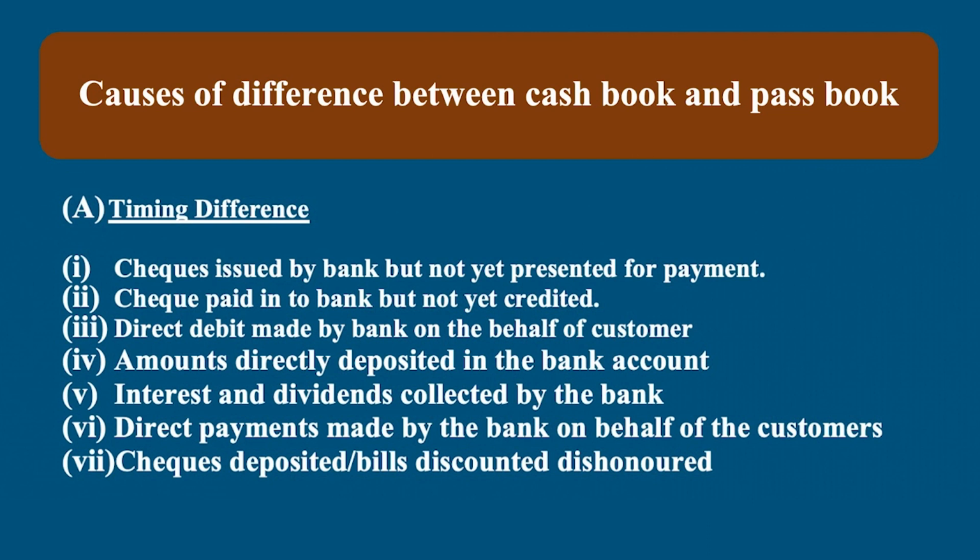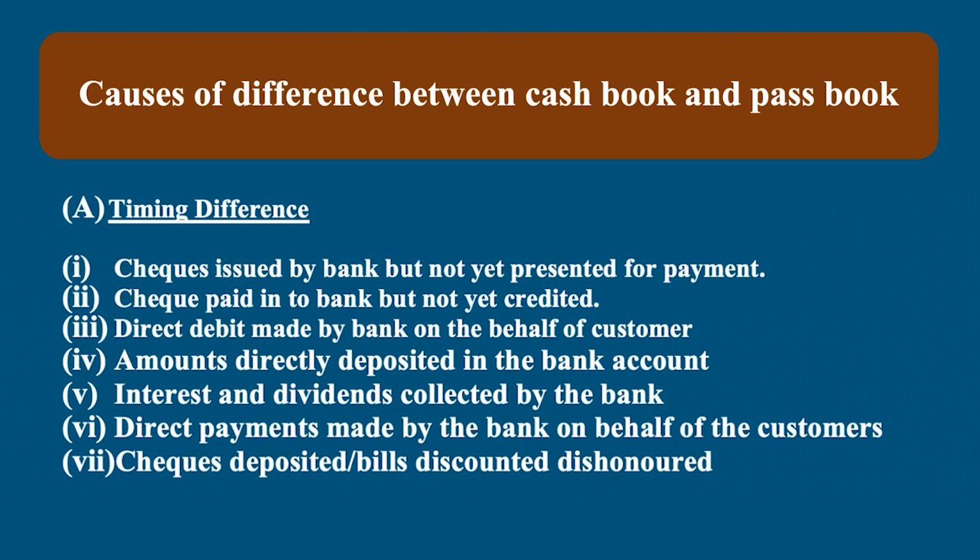The bank will debit the firm's account only when these checks are actually paid by bank. Hence, there is a time lag between the issue of a check and its presentation to the bank, which may cause the difference between the two balances.